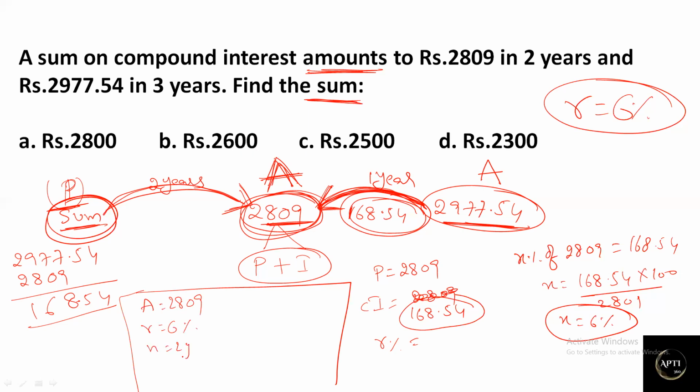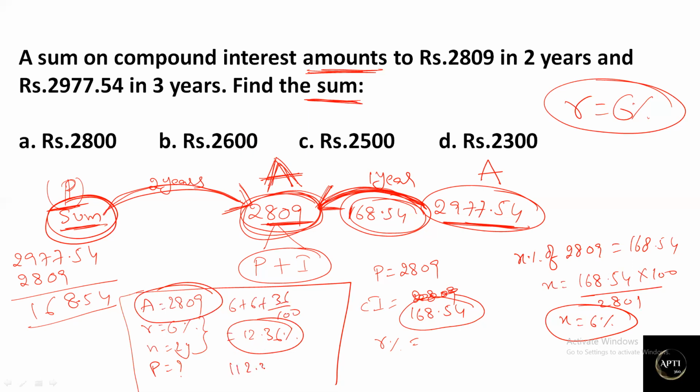Number of years is 2 years for the first case. Now what we need to find is the principal amount. For 2 years, 6% means can I write it as 6 plus 6 plus 36 by 100, which is equal to 12.36. What is this 12.36? Interest. Now what do we have? Total amount means principal plus interest. Principal is 100%. Interest is 12.36%.